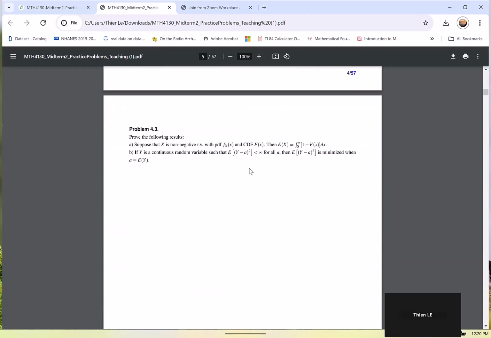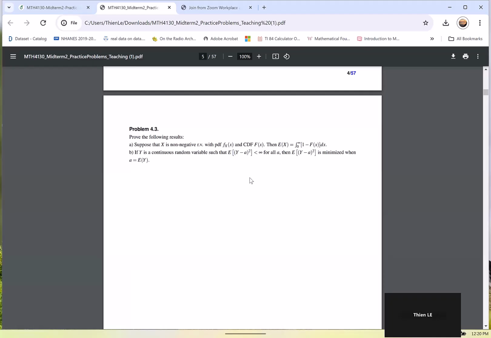So now we will look at problem 4.3. Prove the following results. For a non-negative random variable with a PDF function fx and a CDF Fx, prove that you have a relation where you can write the expected value of x as the integral from 0 to positive infinity of 1 subtract Fx dx.